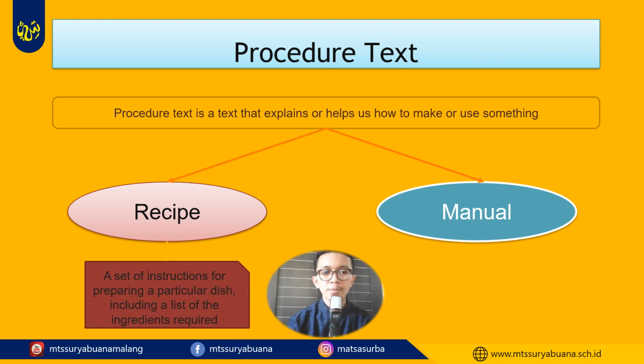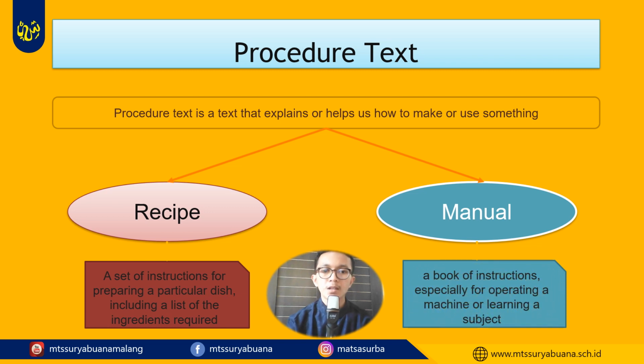Recipe is a set of instructions for preparing a particular dish, including a list of the ingredients required. And about manual, manual is a book of instruction especially for operating a machine or learning a subject.